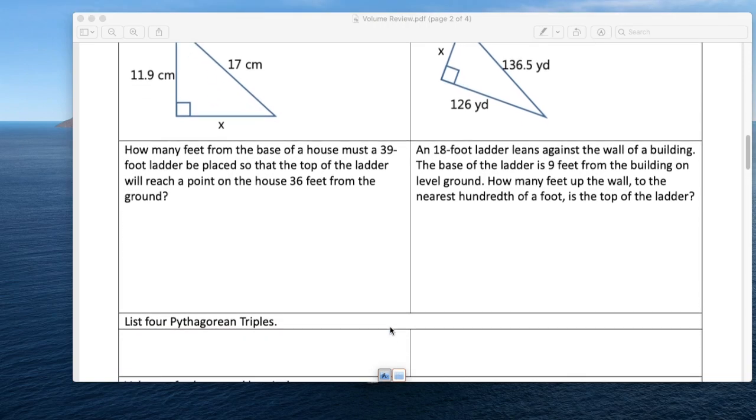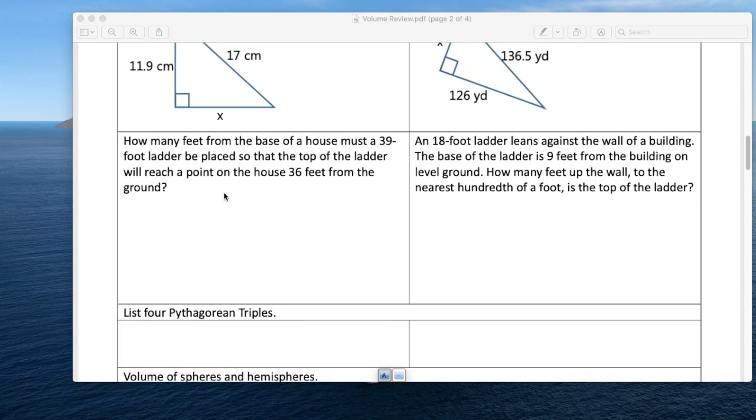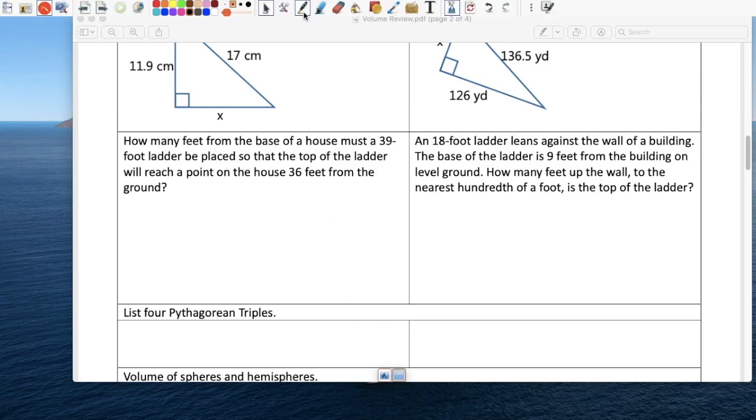What do we have here? Okay, so there's a house, so let's draw a house. A 39-foot ladder is to be placed so that the top of the ladder will reach the point of the house 36 feet from the top.